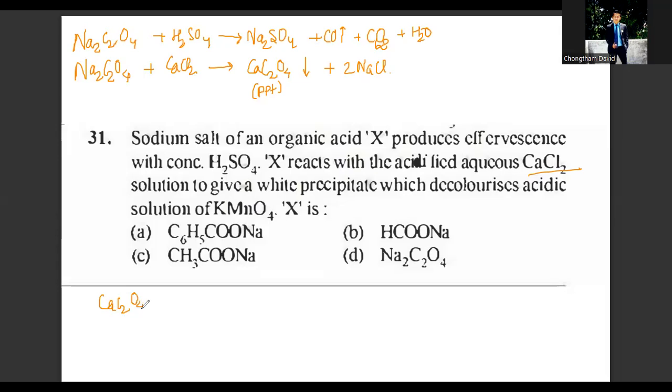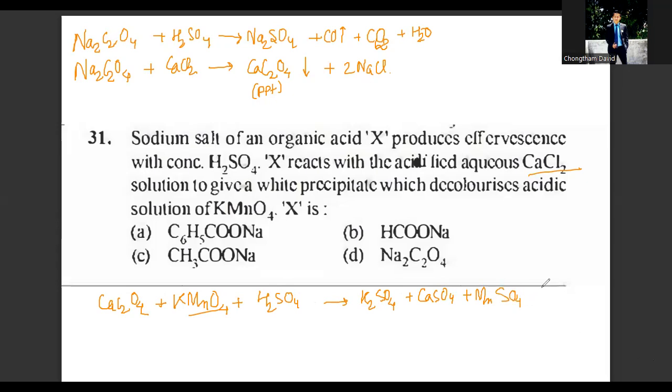And further, let me write down here, there's no more space. When this calcium oxalate is treated with potassium permanganate, a strong oxidizing agent, in the presence of sulfuric acid, okay, potassium permanganate is a purple solution, a very strong oxidizing agent. Potassium sulfate, calcium sulfate, manganese sulfate, like those probable products, you can mention a few.